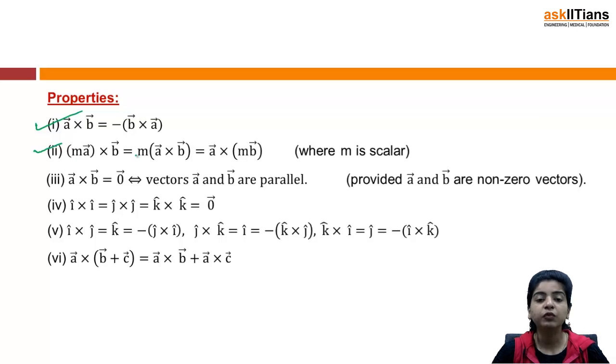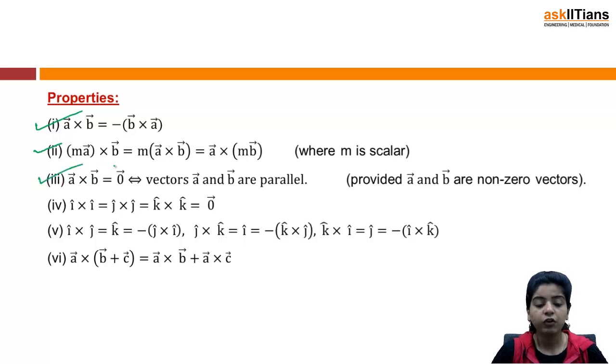So if you have a scalar m with vector A and you are required to take the cross product of this quantity with vector B, then you can take the scalar m outside and find the cross product of A cross B. Or you can take that scalar m with vector B and find the cross product of A and mB. The result in all three cases would be the same.